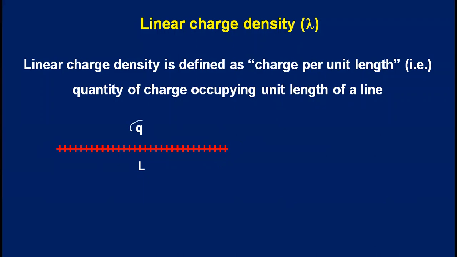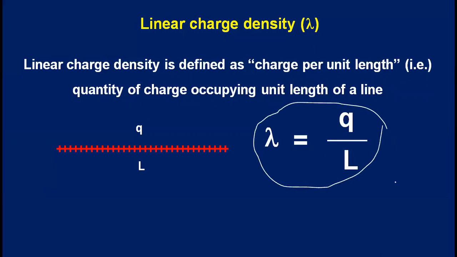So here we have Q coulomb of charge distributed over a length L. Therefore, the amount of charge distributed over a length of 1 meter is obtained by finding the ratio of Q to L. So Q by L will give me the quantity of charge present per unit length. Therefore, lambda is equal to Q by L. So this is the formula to find linear charge density.